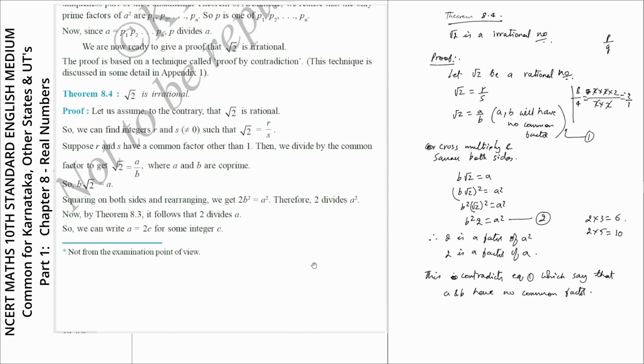So why is this happening? Our first assumption that root 2 is a rational number is itself wrong. Therefore, our assumption that root 2 is a rational number is wrong. Therefore root 2 is an irrational number.